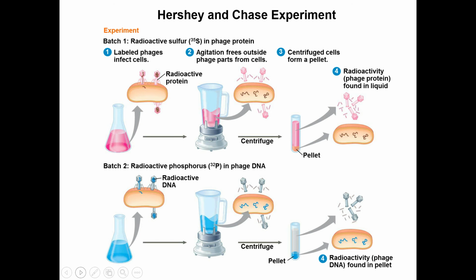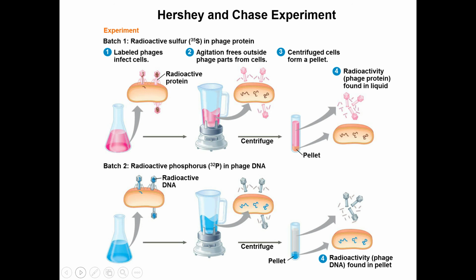But in the other experiment, with your DNA labeled phages, the DNA is found inside of the bacterial cell and not in your phage ghost. So this told them that the source of genetic information is the DNA and not the proteins.